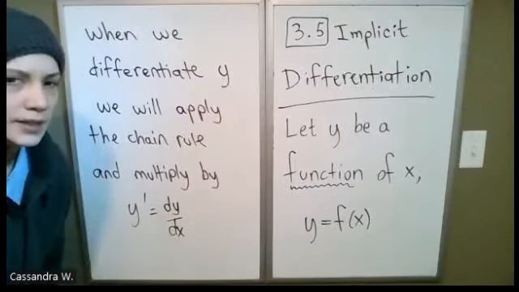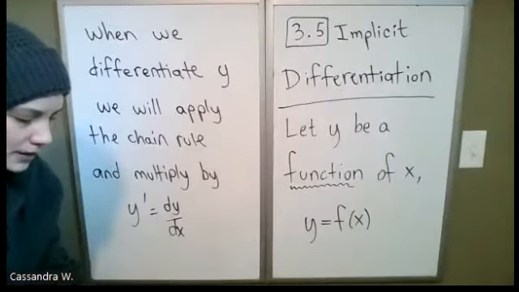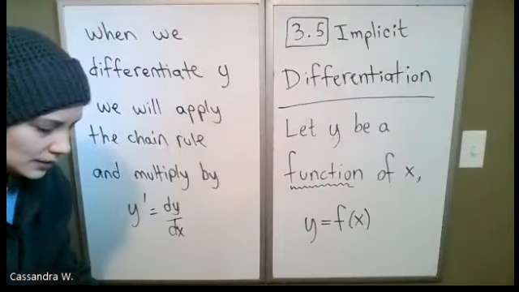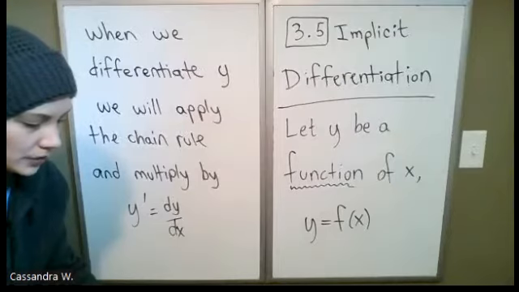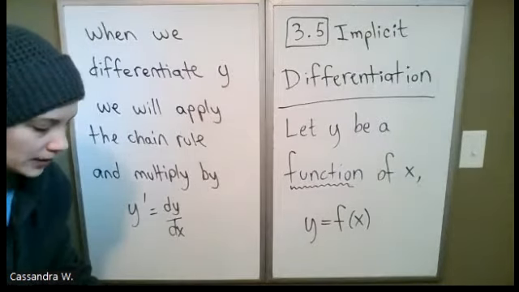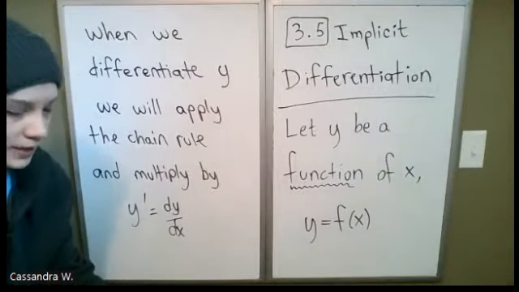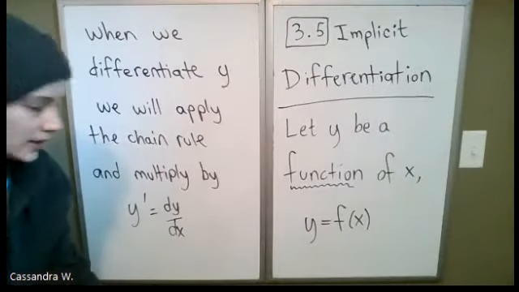Is it the chain rule? I think it would be the chain rule. We're going to practice. So we differentiate y, and then we apply the chain rule and multiply by y prime, which is the derivative of y with respect to x, or you can write it as f prime of x.